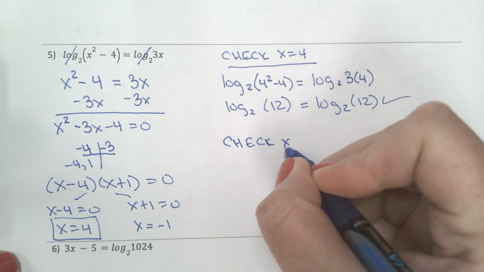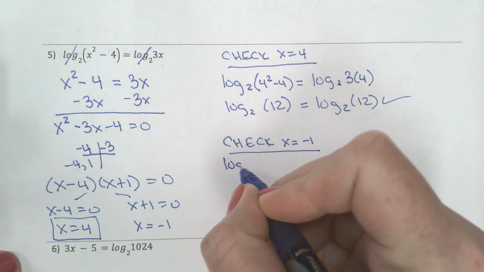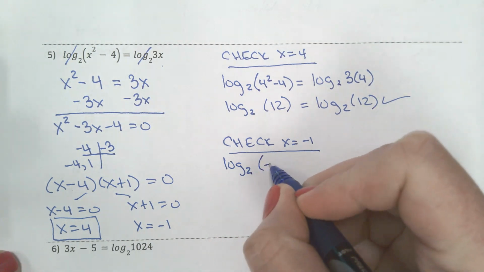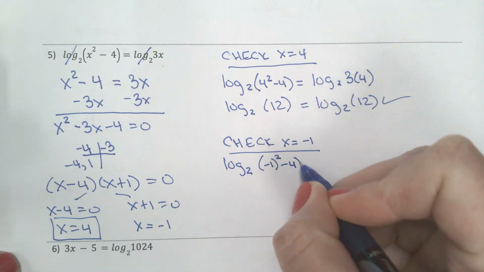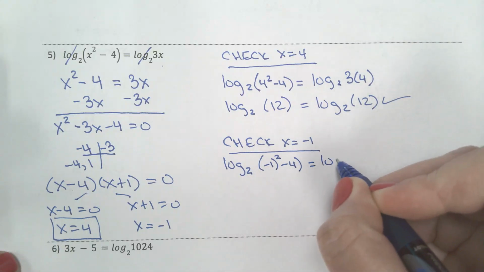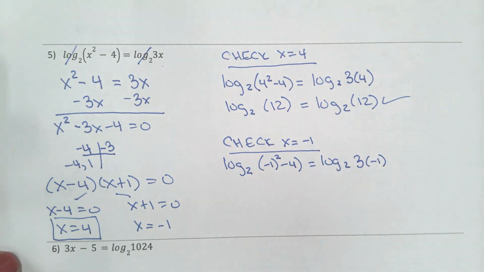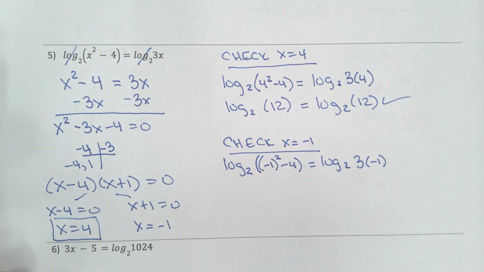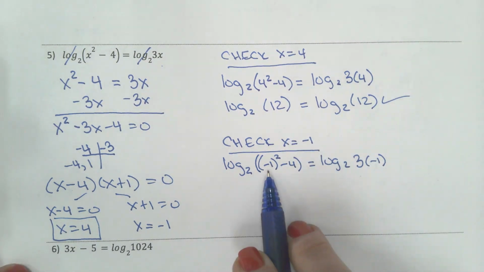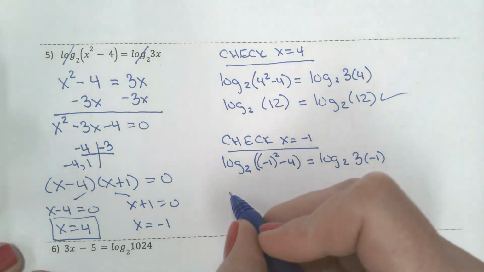Now we're going to check x equals -1. So I have log base 2 of ((-1) squared minus 4) equals log base 2 of (3 times -1). I missed a parenthesis there. There we go. All right, so I'm going to do the math on the left. -1 squared is 1. 1 minus 4 is -3.